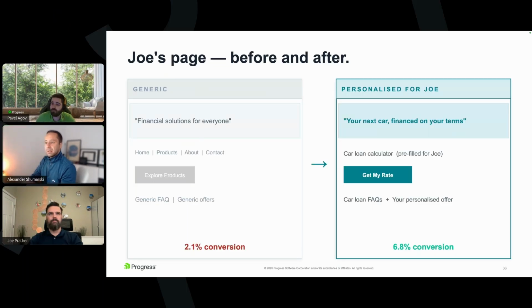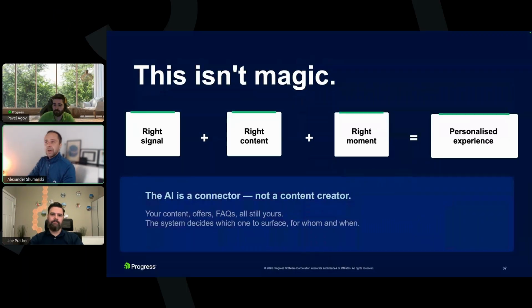I think we will be able to demonstrate in 5 minutes or less how you can flip a generic web page, something like this, that speaks to everyone but not to Joe, into something that is really designed with Joe in mind and his needs, and Joe will feel understood. It's not magic, because we have the content, we have the signals, we have the right moment.